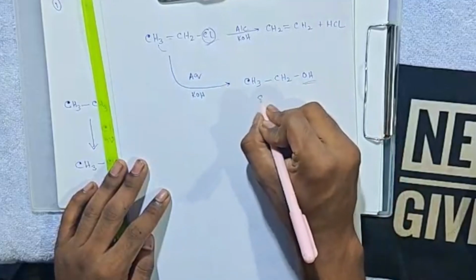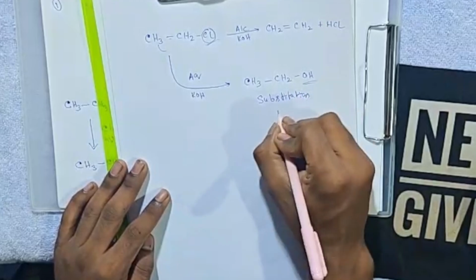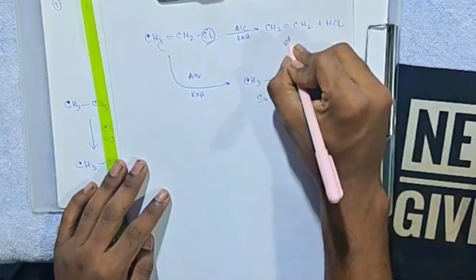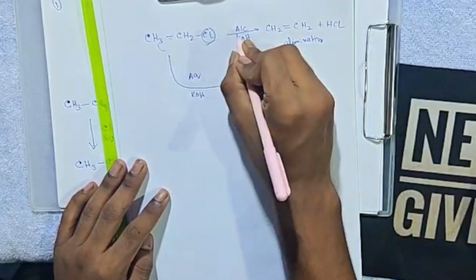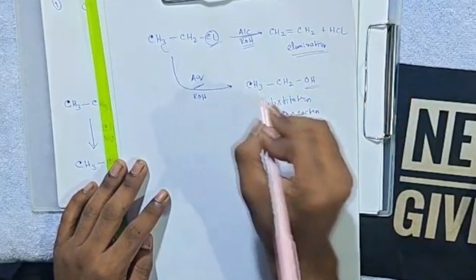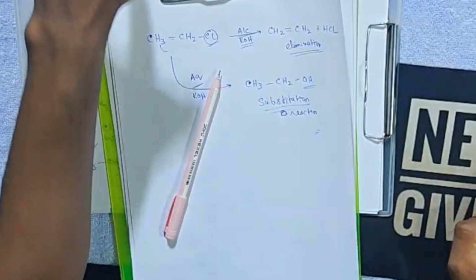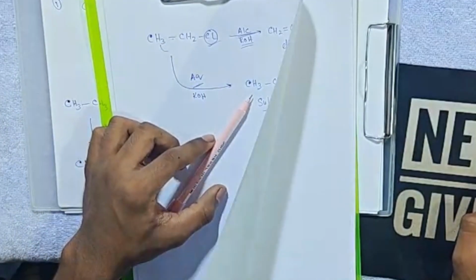This is a substitution reaction, and this is an elimination reaction. When alcoholic KOH is given, elimination occurs. When aqueous KOH is given, substitution occurs.